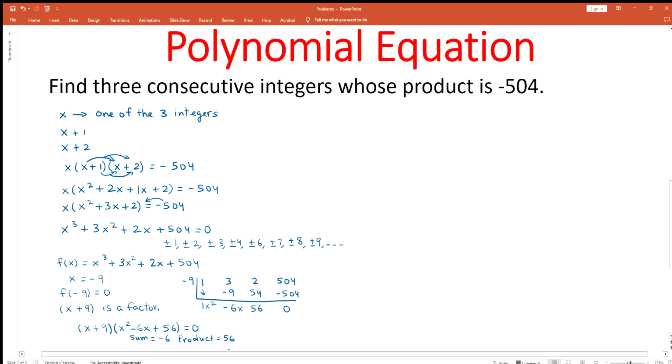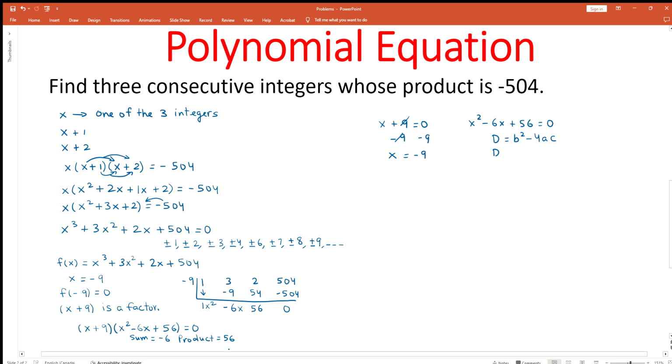Now we can solve this equation by setting the two factors equal to 0 and solving for x. The first solution is -9. This quadratic equation has no solution because its discriminant is less than 0. The formula for discriminant is b squared minus 4ac.